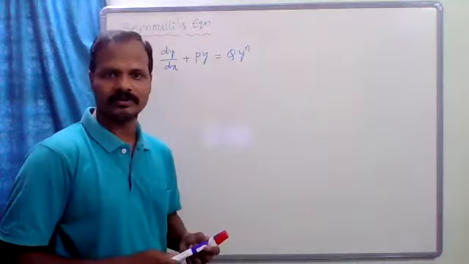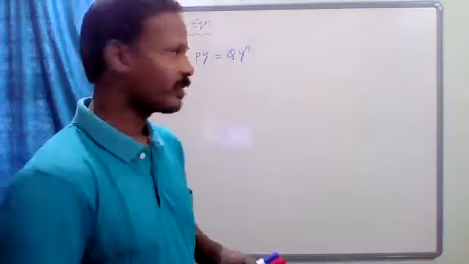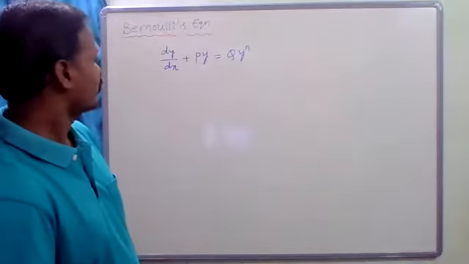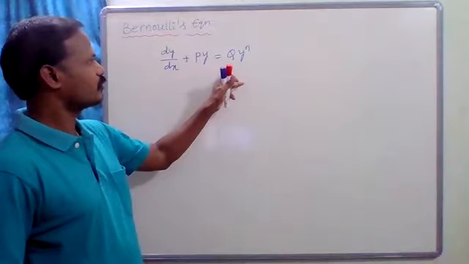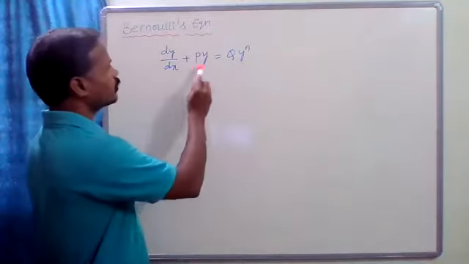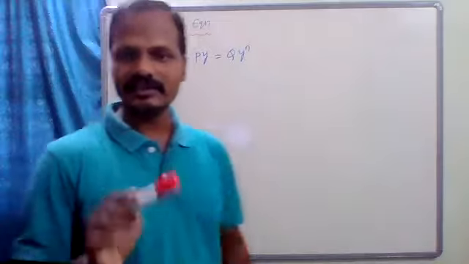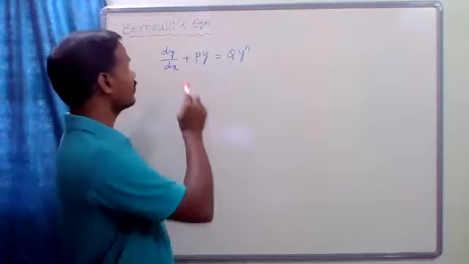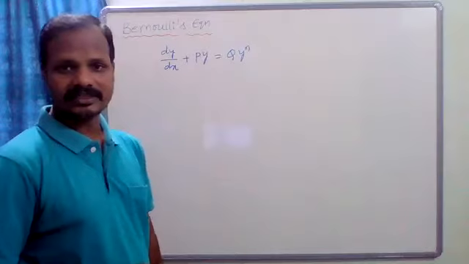I don't know how many of you checked the notes. So the equation of the form dy by dx plus py equal to q y power n, where p and q are functions of x only, then only this is called Bernoulli's equation.